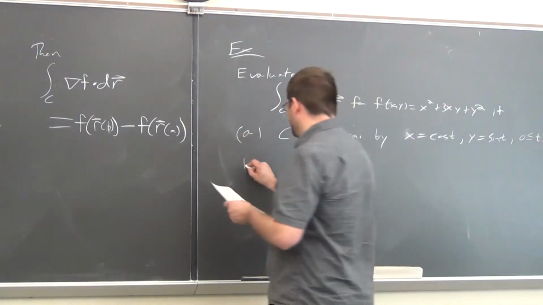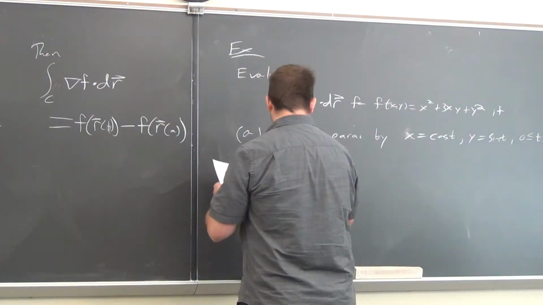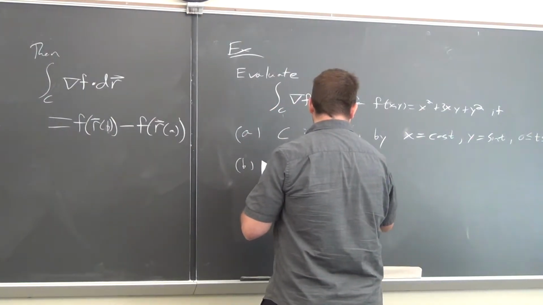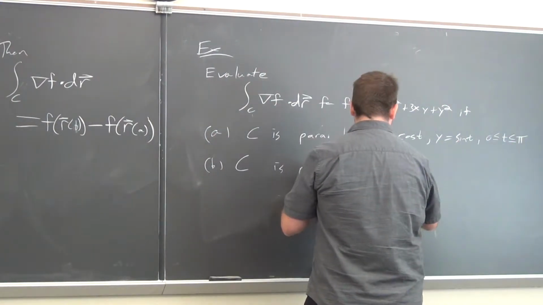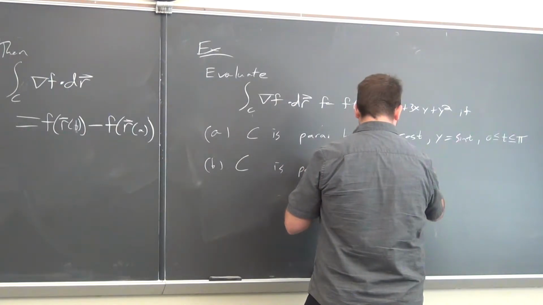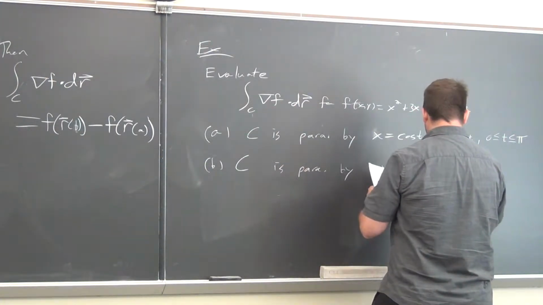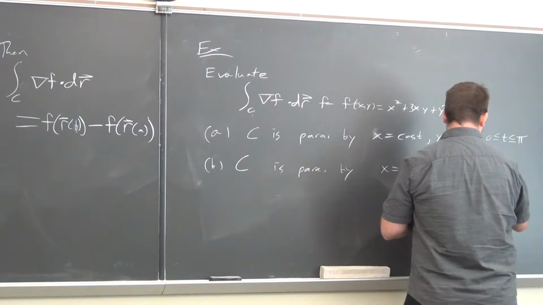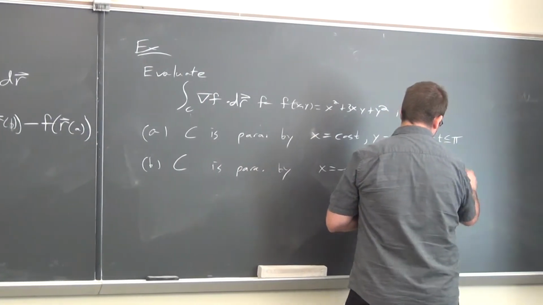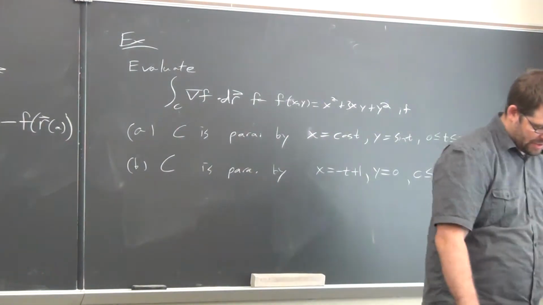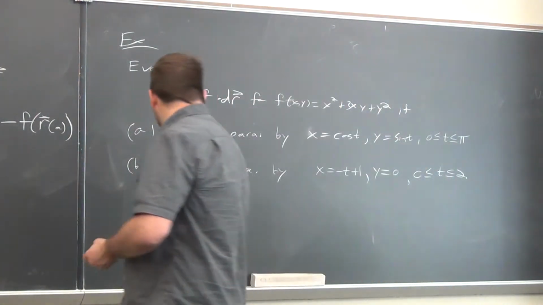And then for B, C is parameterized by x equals negative t plus 1, y equals 0, and t goes from 0 to 2.